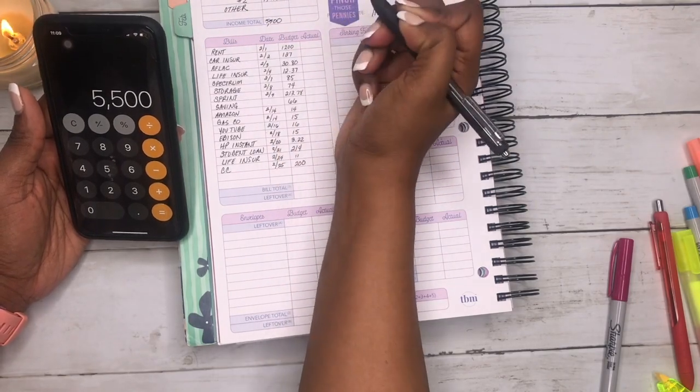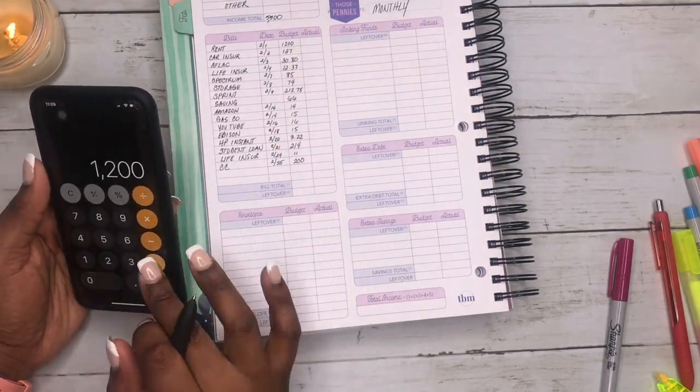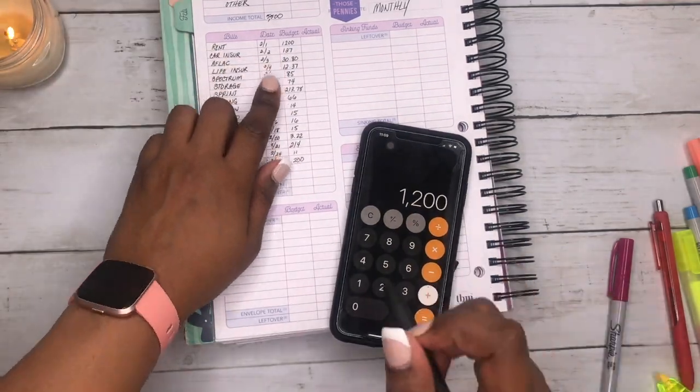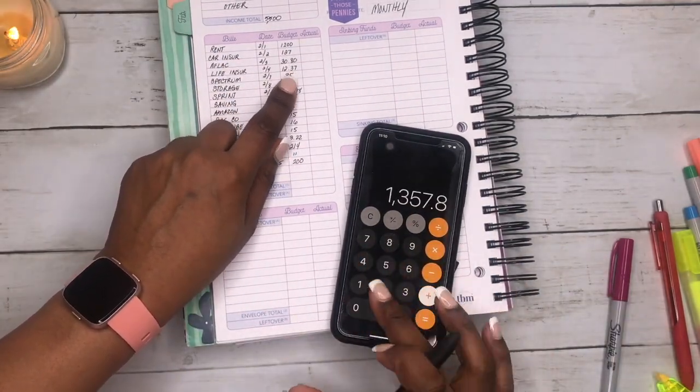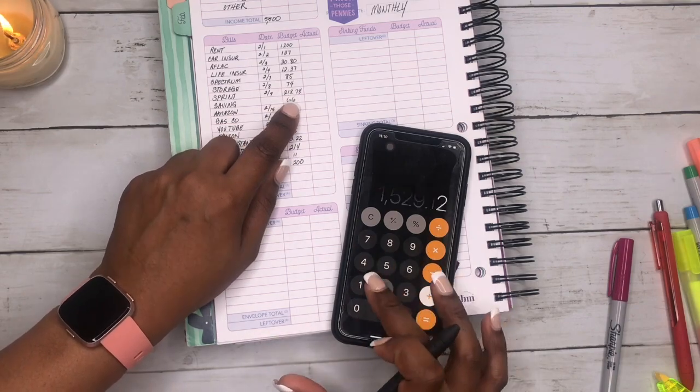All right, so I have all of my bills and expenses down. I will be adding everything up and subtracting that amount from my monthly expected income.